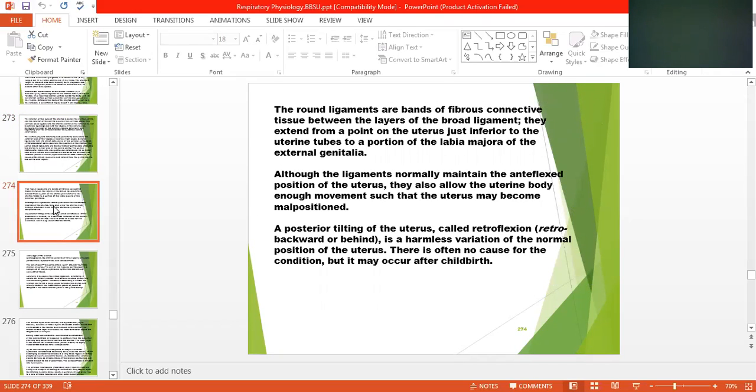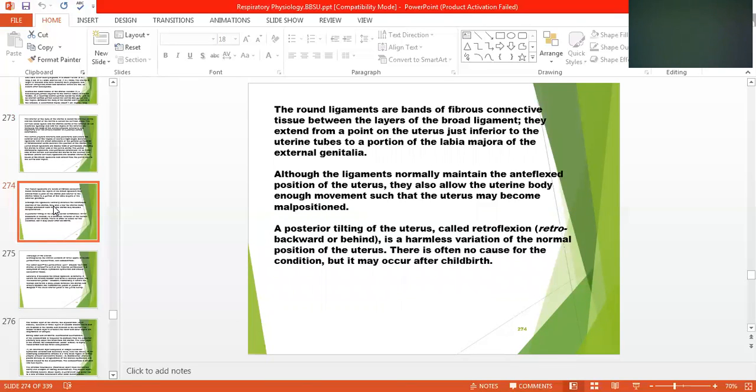The round ligaments are bands of fibrous connective tissue between the layers of the broad ligament. They extend from a point on the uterus just inferior to the uterine tube to a portion of the labia majora of the external genitalia. Labia majora and labia minora are present on the top of the vagina.